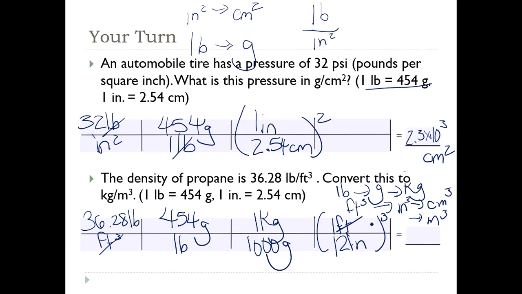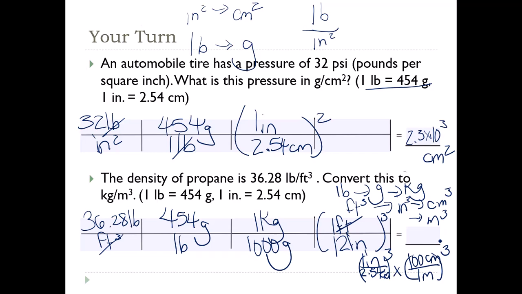And then I go a step further. We're going to go from inches cubed to centimeters cubed. So 1 inch, 2.54 centimeters. You have to cube that so that inches cubed cancels out. And then we have 100 cm, 1 meter cubed.